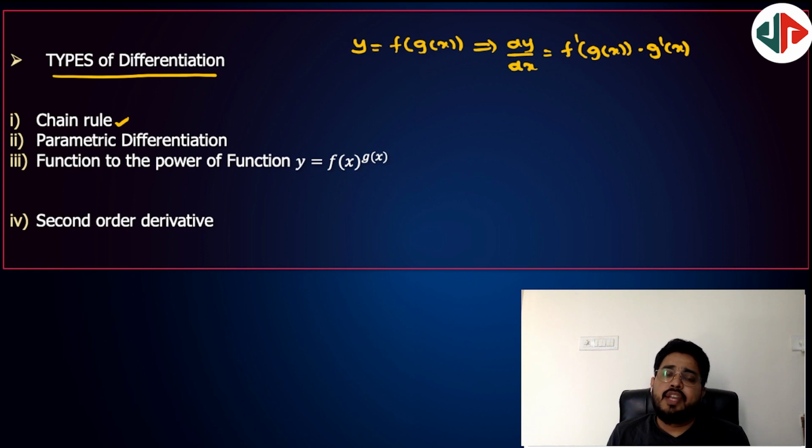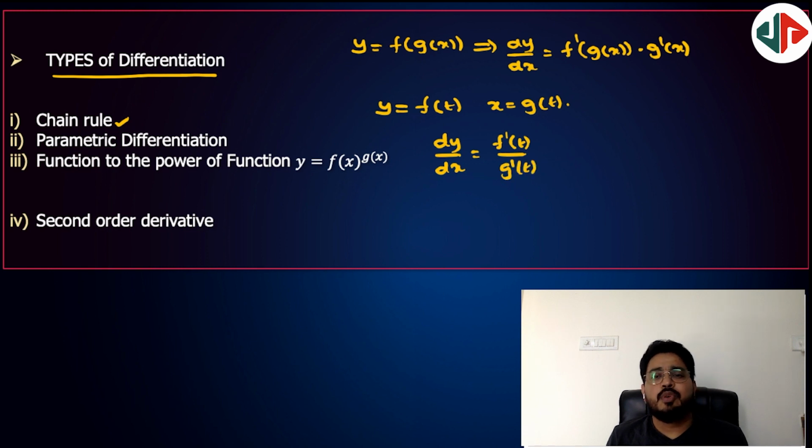And this chain rule is very important when y is in terms of t and x is also in terms of t, and dy by dx is simply f dash of t by g dash of t.